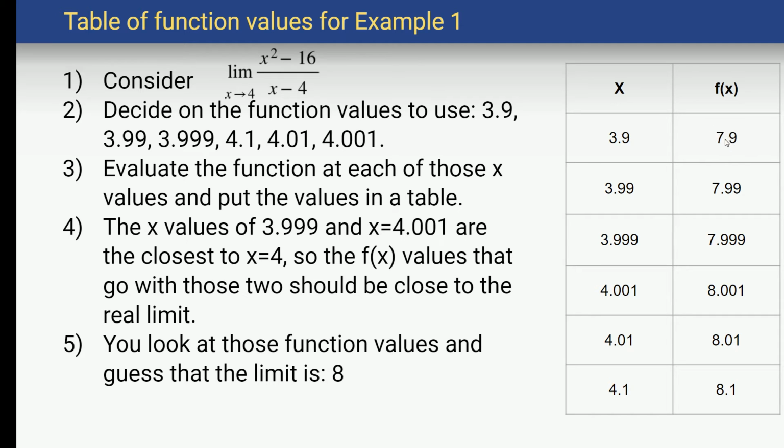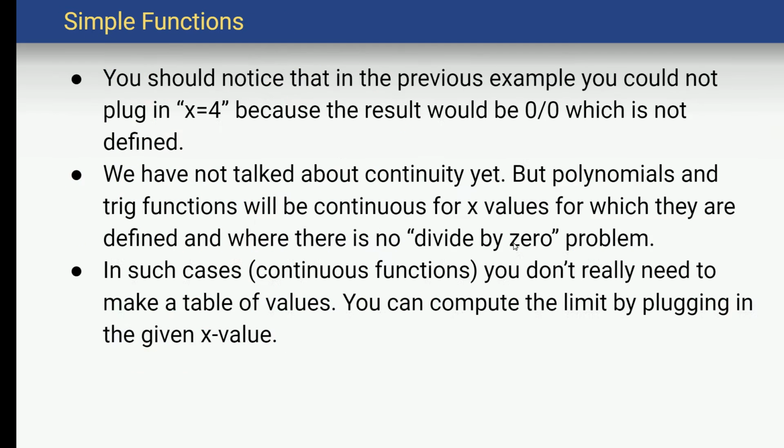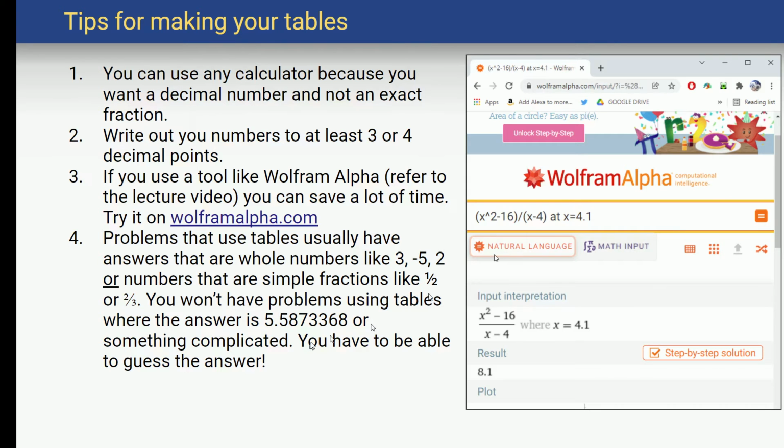And if it was 7.5 and then 7.99 and then 7.999, we wouldn't care that this first one was 7.5. So you might see some weird numbers for the ones that are furthest away. But for the ones that are very close to x equals 4, you would expect the function values to be very close to the true answer. So when you look at those middle ones, those are the ones that should be close to something that you can guess. Okay, so you're not going to have anything super complicated for an answer, which makes guessing easier.